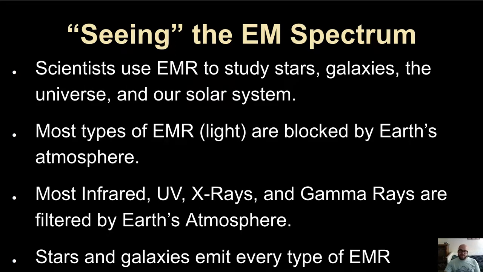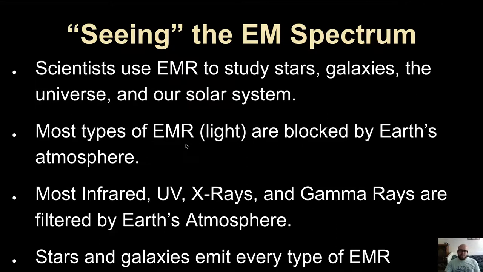So we have telescopes which help us see. But part of the problem is that our telescopes don't always pick up all the different types of EMR that are out there. Distant stars and galaxies emit all kinds of EMR, not just visible light.